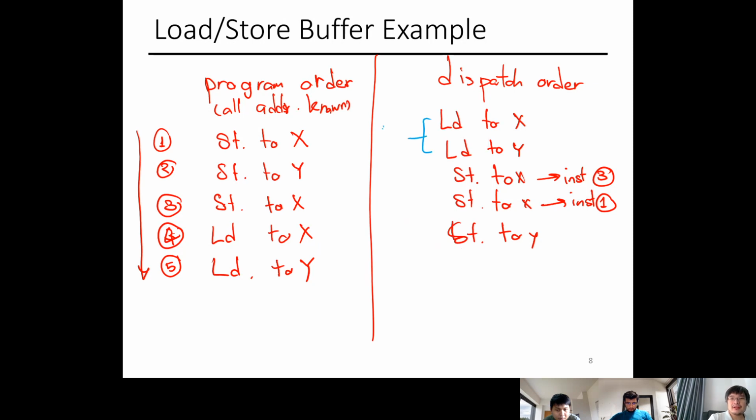This thing will be put in the load buffer, right? And because the dispatch order is not the same as the program order, you can use the reorder buffer to tell that, hey, that's another pending store, right?